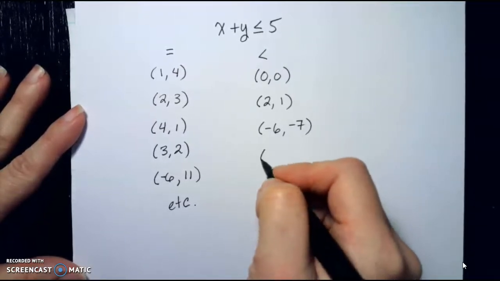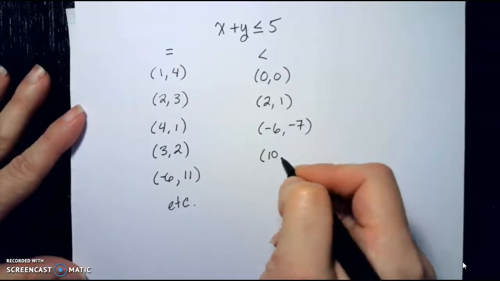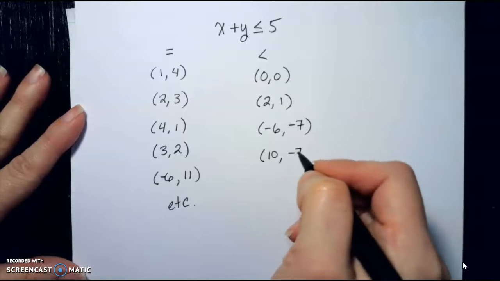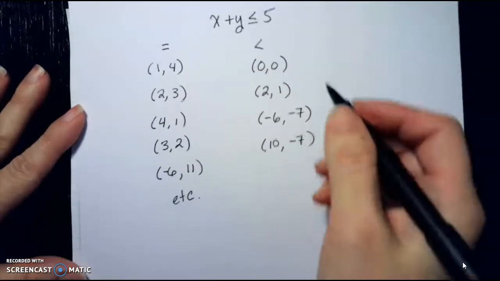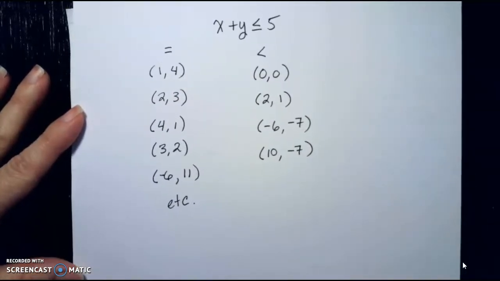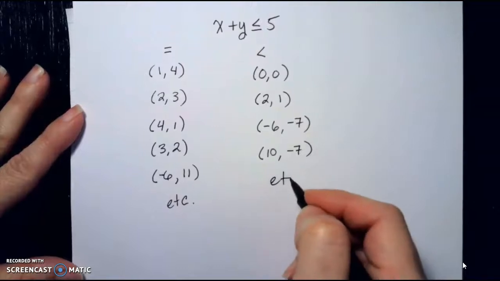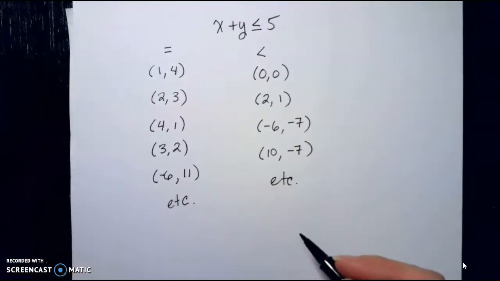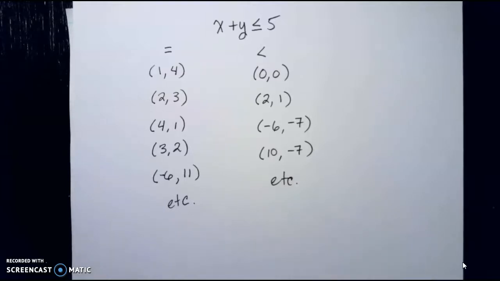And there are lots more solutions. (10, -7) would be another one. Those add up to something that is smaller than 5. And I could keep this going as well. Both of these lists are going to be infinite. But when I start to plot the points for the solution set, I'm going to see I'm a little bit all over the place. So let's go ahead and do that.